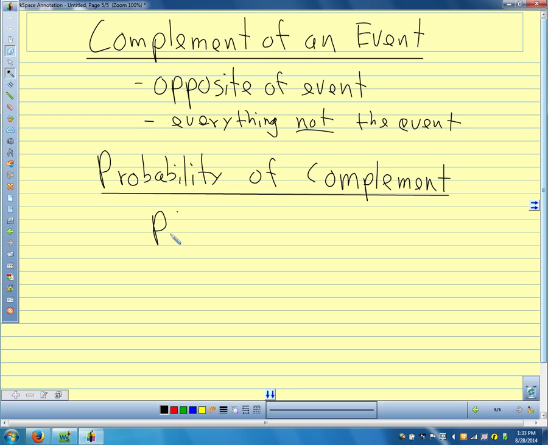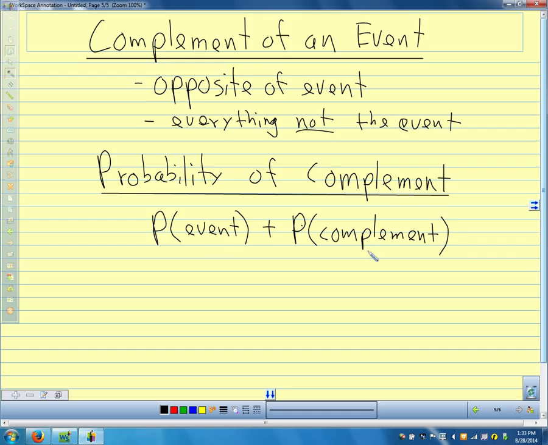The probability of an event plus the probability of everything else, which is the complement. What's that going to have to equal? 1. If we have an event and we have everything that's not the event, we add those two together, you get everything that's possible to happen. So that has to equal 1.